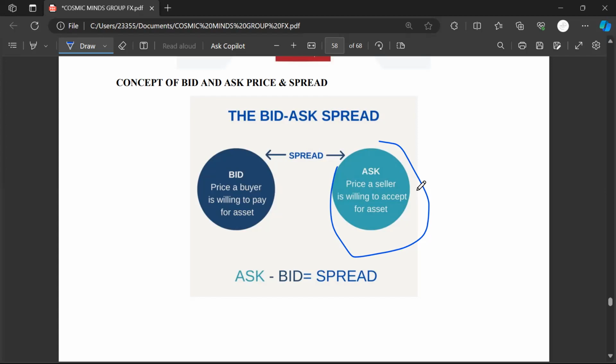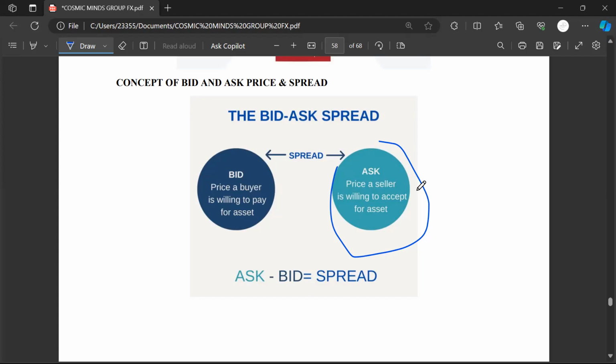Now, like I said, the ask price is the price quoted by the seller, and it's the price that we are willing to accept for an asset. An asset is just a product, or in terms of forex, the currency that we are talking about, right? And then the bid price, B, buyer, right? I have a way of teaching to make it easy.